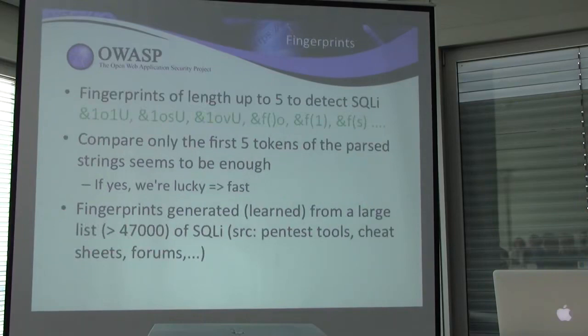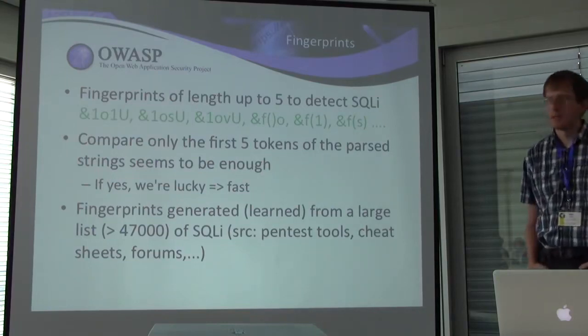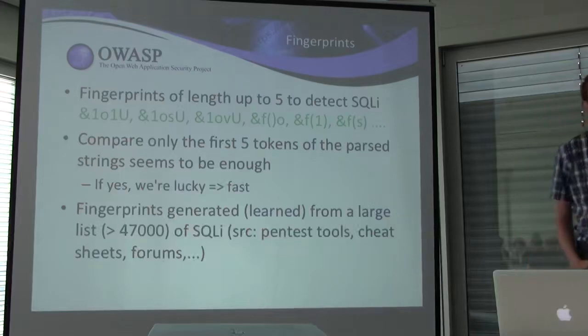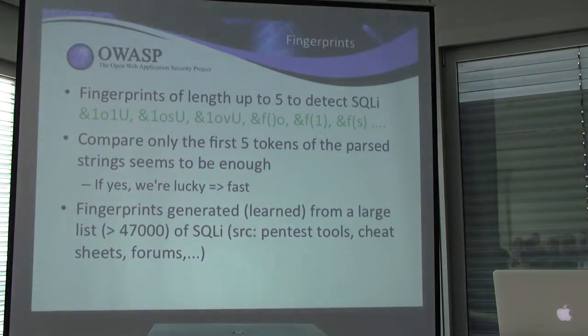So how does the decision work whether user input is SQL injection or not? Libinjection has a set of fingerprints, and these fingerprints have a length up to 5. And that's quite an interesting thing. So libinjection compares only the first 5 tokens of your input strings. And according to Nick, that's enough to decide whether it's SQL injection or not.